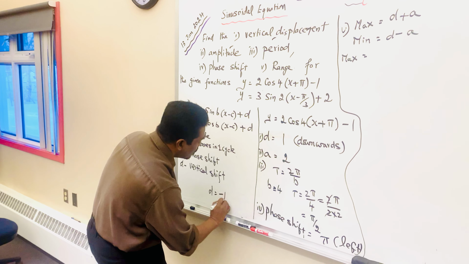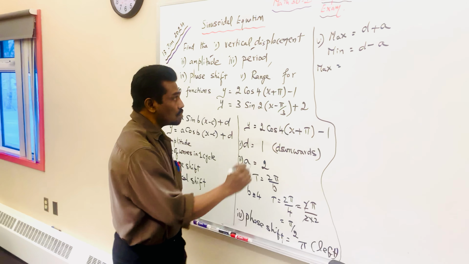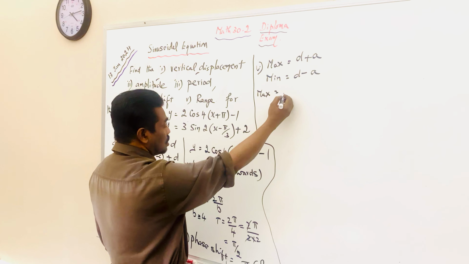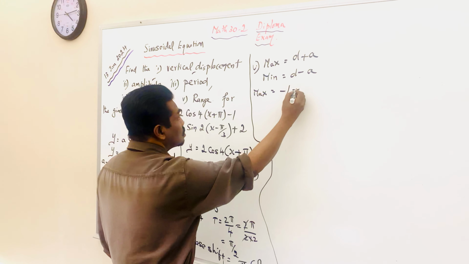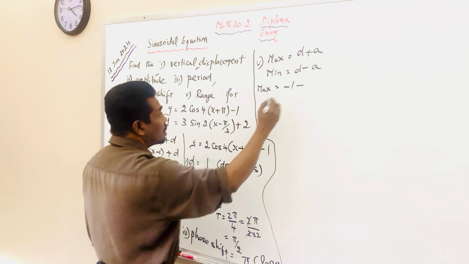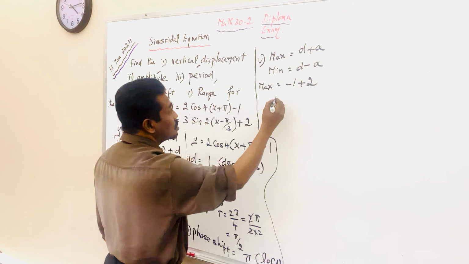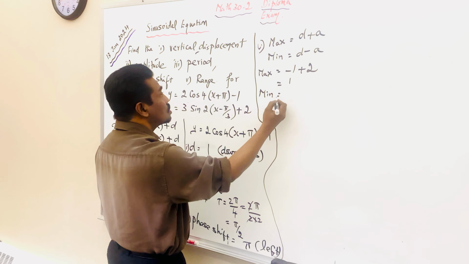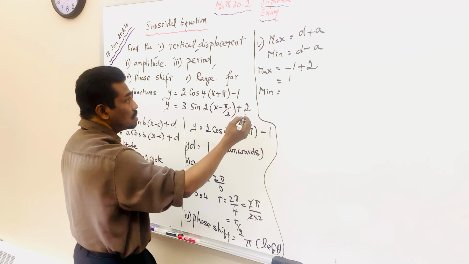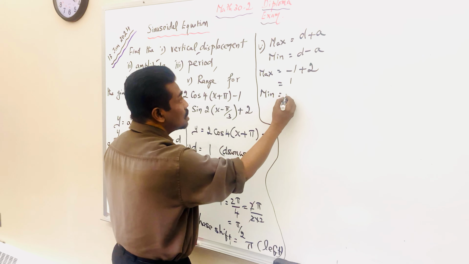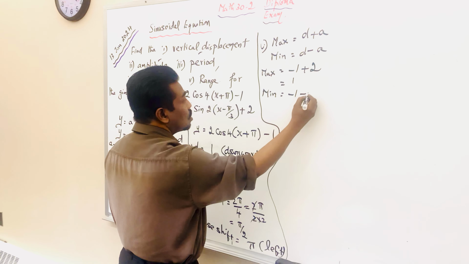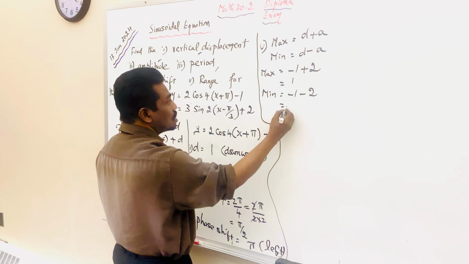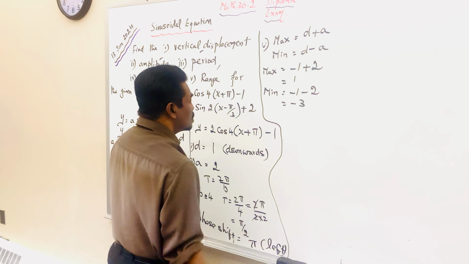So D is -1, plus A is 2, which is equal to 1. And the minimum, D minus A: D is -1 minus 2, which is equal to -3.